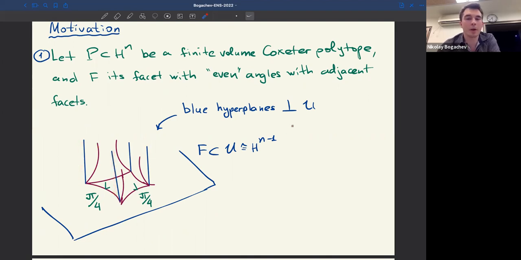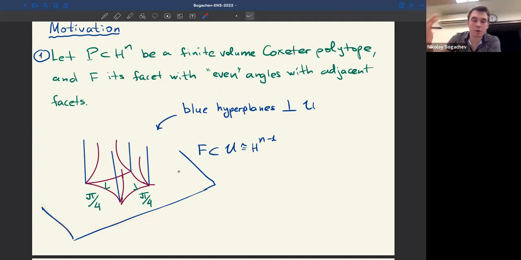These blue hyperplanes are orthogonal to the supporting hyperplane of this facet F. And these reflections, which are orthogonal to the hyperplane U, actually preserve this hyperplane, right? So consider the group generated by reflections in just these blue hyperplanes orthogonal to our fixed hyperplane U.